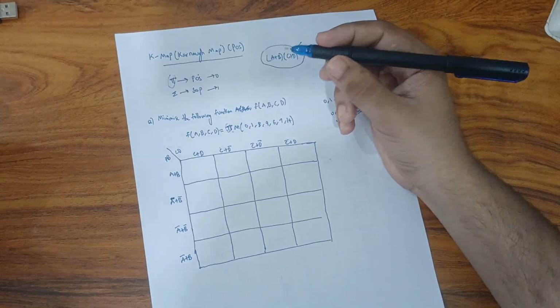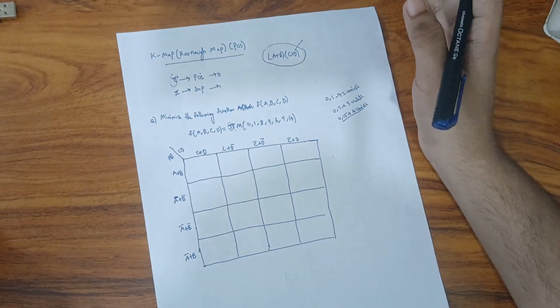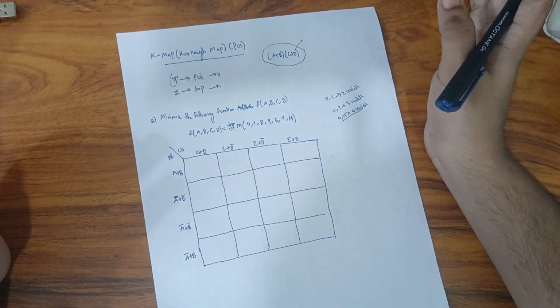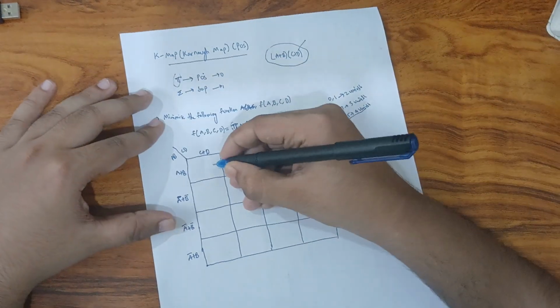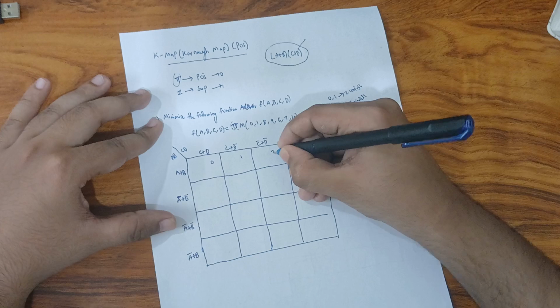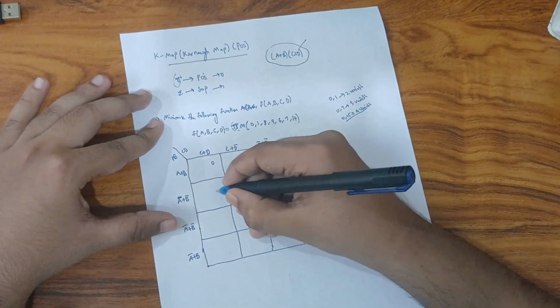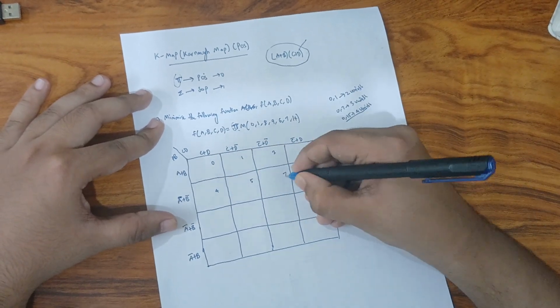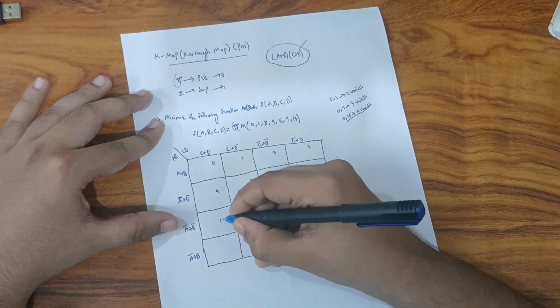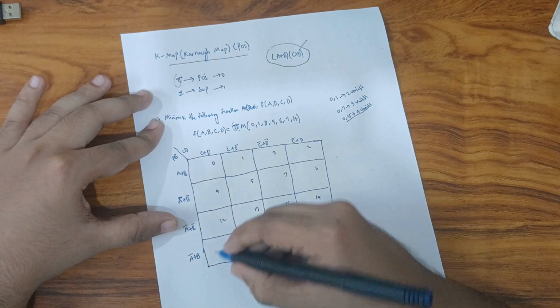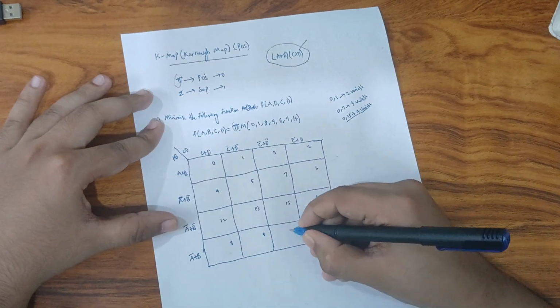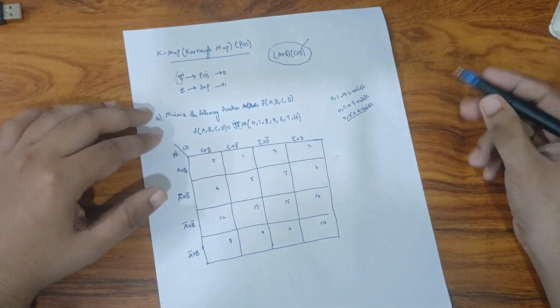Before putting the min terms we need to mark the locations of the cells. So let us get started. Just follow with me. So 0, 1, 3, 2, 4, 5, 7, 6, 12, 13, 15, 14, 8, 9, 11, 10. So that's the thing.